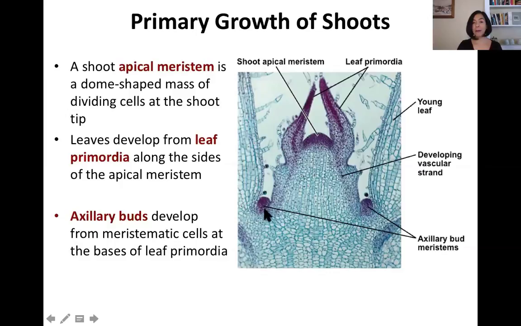And with time, these axillary buds will also form, and they will have these other meristematic cells. It's very important to know that these axillary buds are dormant cells. And from these axillary buds, we can have new branches emerge, or for example, flowers can emerge from these axillary buds.